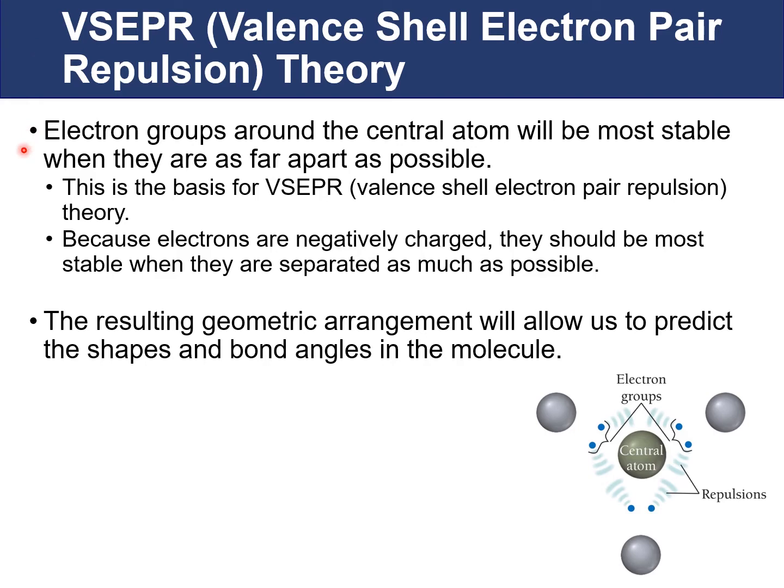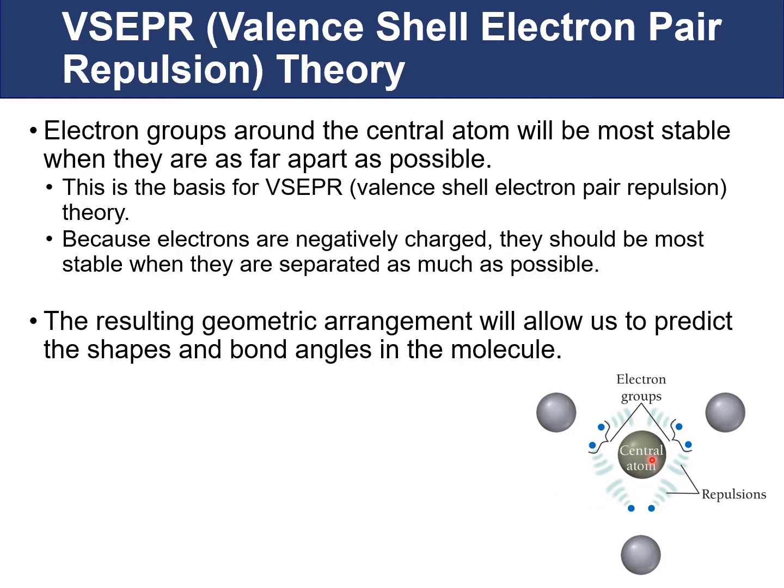In VSEPR, electron groups around the central atom will be most stable when they are as far apart as possible. We can think of this as the electrons repelling each other, and so to minimize the amount of repulsion, they want to get as far away from each other as possible. This is the basis for VSEPR. Because the electrons are negatively charged, they should be most stable when they are separated as much as possible. The resulting geometric arrangements will allow us to predict the shape and bond angles of the molecules.